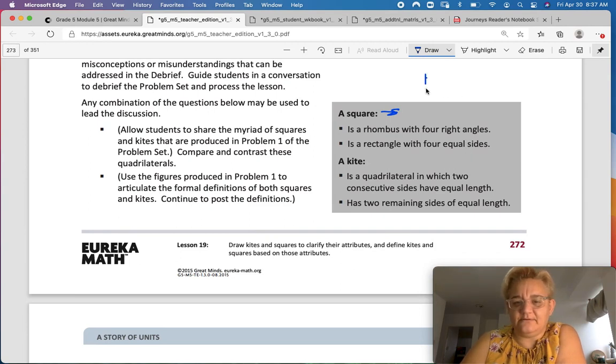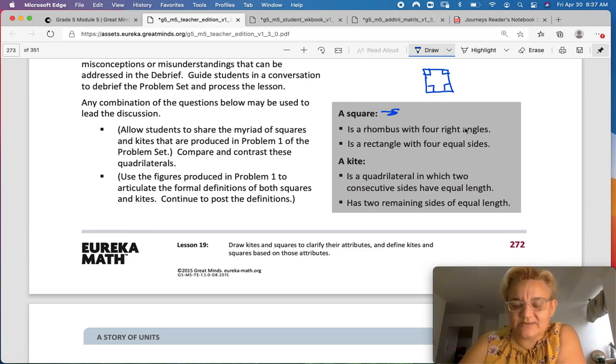So 4 right angles and 4 equal sides. Those are the rules for a square. I'm sorry, it's a rhombus because it has 4 equal sides, and it's a rectangle because it has 4 right angles. I messed that up.